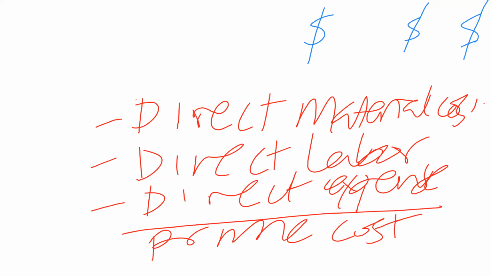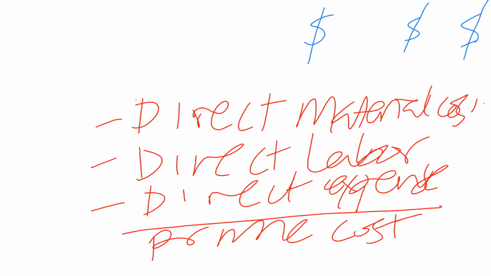And once you have the prime cost, to this prime cost you will add the indirect expenses, the indirect costs, which we usually call the factory overheads.